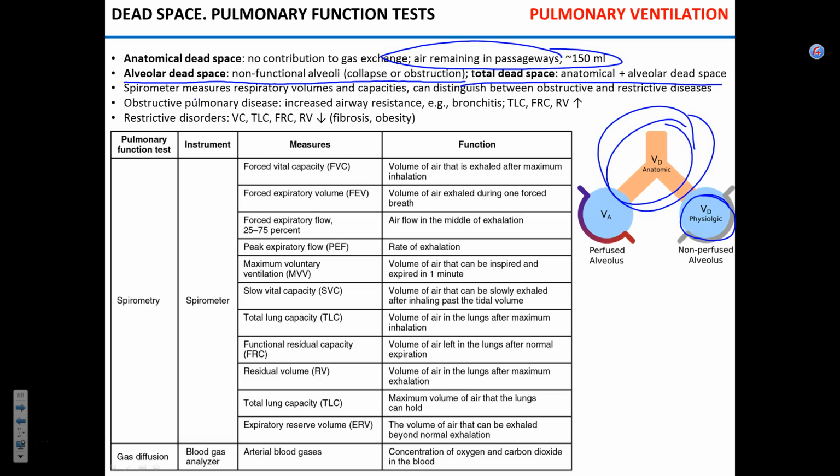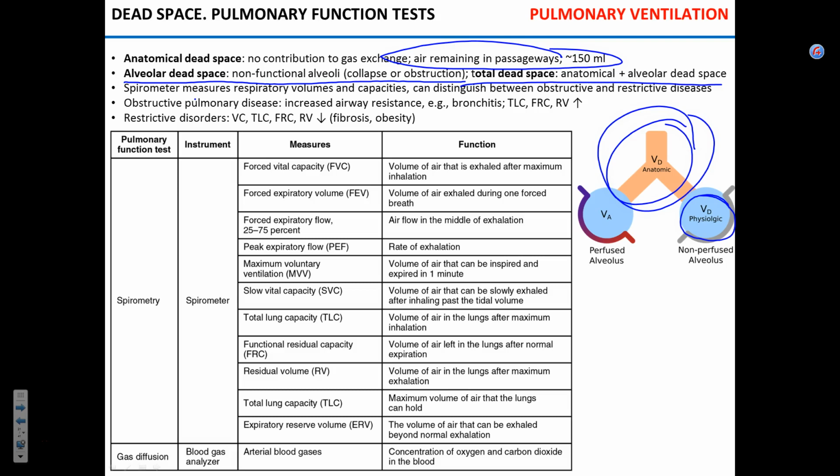Clear? Now, we measure respiratory parameters with a spirometer. The reason why we do that, we differentiate between the obstructive and restrictive pulmonary diseases. We're going to be talking about it later, but I'm going to give you a general idea what the difference is.